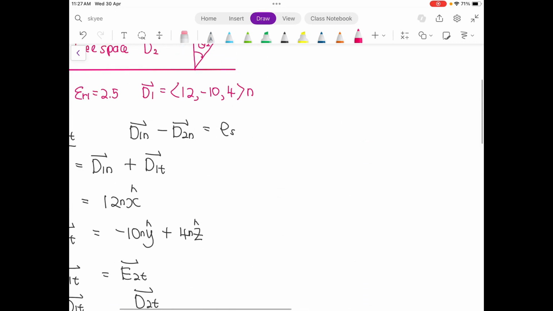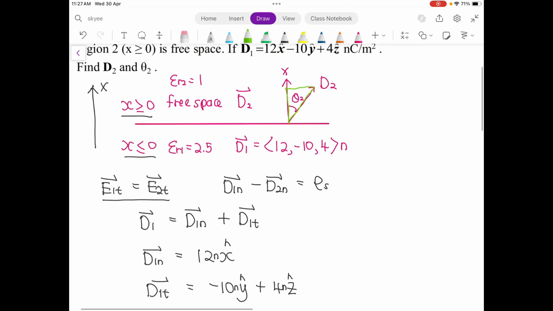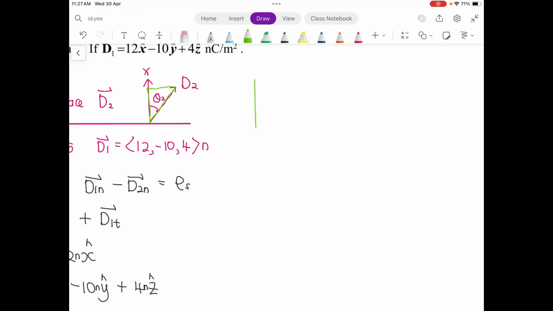Now I have to find the angle. This is my D2. If I zoom into this triangle, we're going to find this angle. This is D2, this is theta 2, this is the D2t, and this is the D2n.